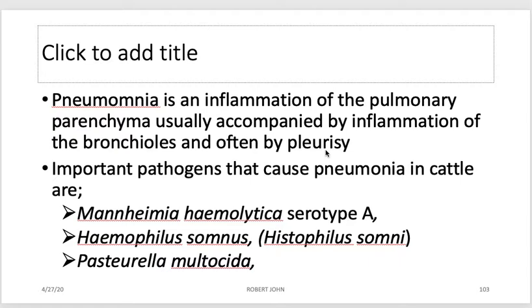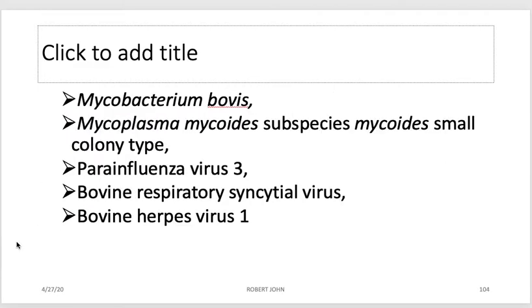Important pathogens that can cause pneumonia in cattle include Mannheimia haemolytica serotype A, Haemophilus somnus, which is also known as Histophilus somni, and Pasteurella multocida. Pasteurella multocida, in most cases, is normal flora of the respiratory tract, and sometimes can cause disease in the animals.